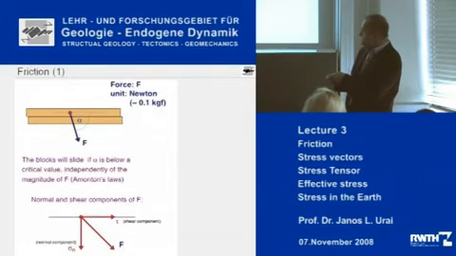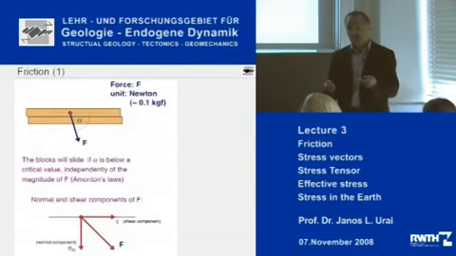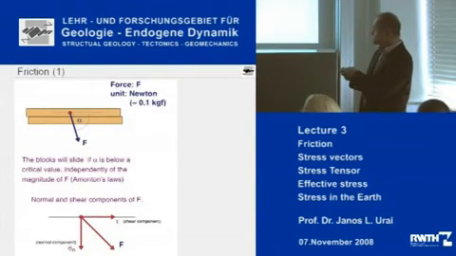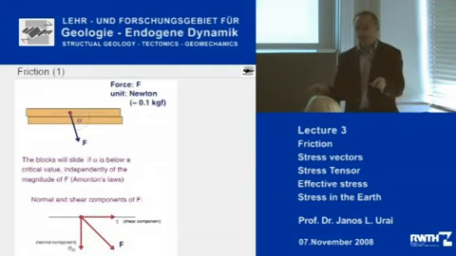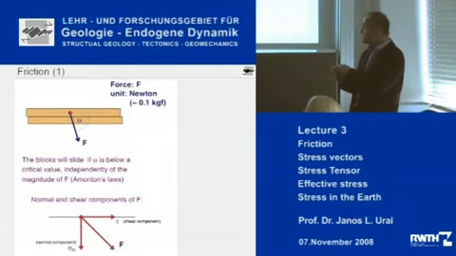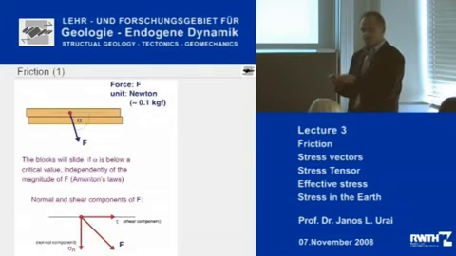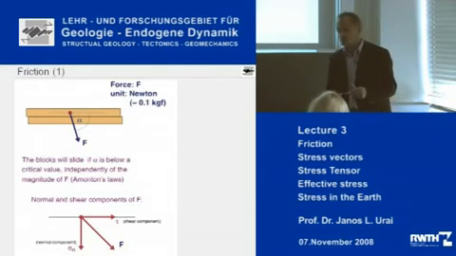Then what you will get here is this line with this critical angle, which is called the friction angle. If the stress on the plane is below the line, everything is stable, nothing will happen. If you're on the line, you will start sliding, and this part of the diagram is impossible. You cannot get there, because the moment you reach the line, you will start to slide. So this is the very, very simple law of friction.